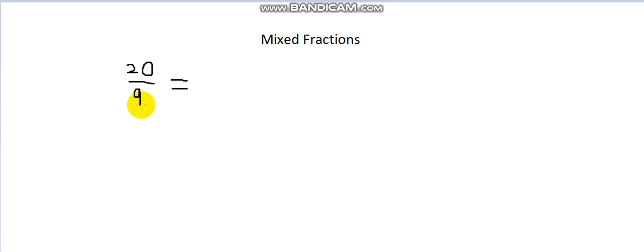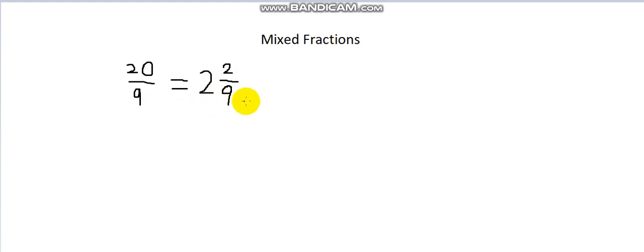Well, it's really simple, actually. And here's the trick. I say, how many times does 9 fit into 20? Fits 2. And how much is the remainder? Also 2. That would be the numerator of my new fraction. And the denominator stays the same, so ninths. So, again, 20 ninths is equal to 2 and 2 ninths.